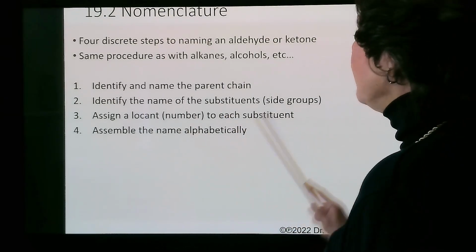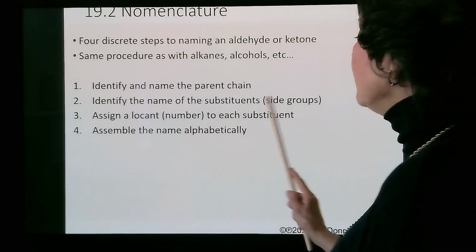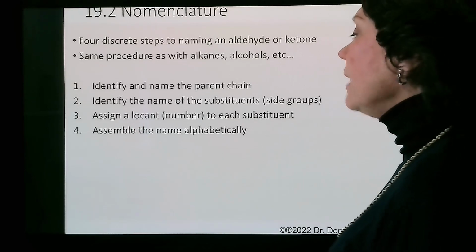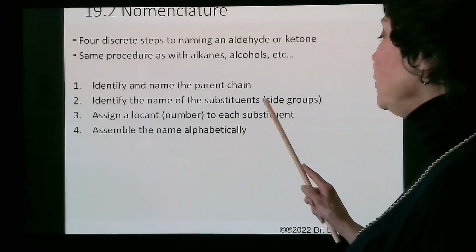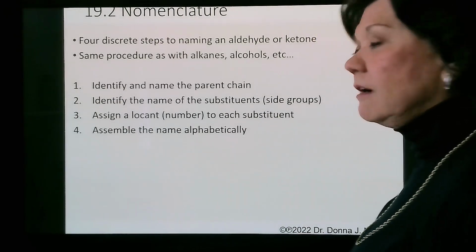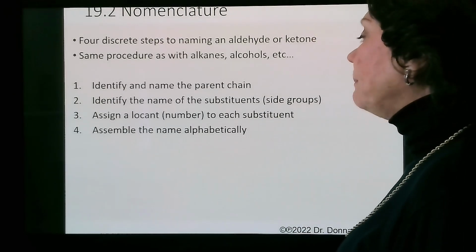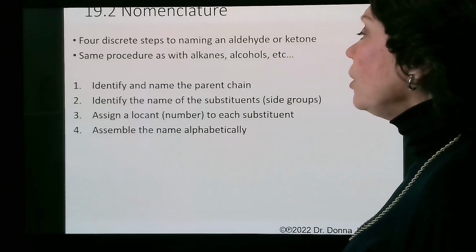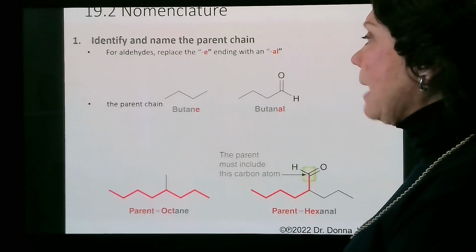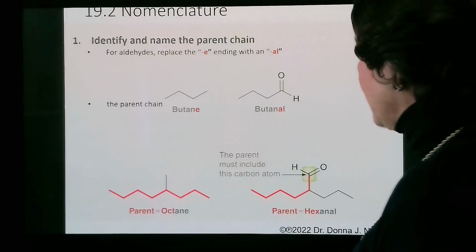Identify the names of the substituents. Assign a locant to each substituent. Substituent means usually functional groups. Assemble the name alphabetically. And so let's look at some examples. It always helps to have examples.